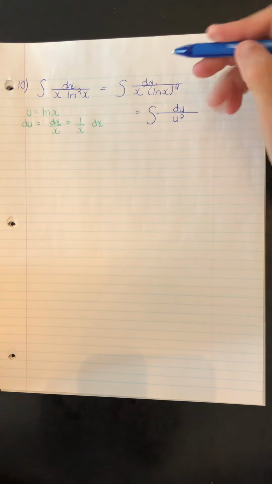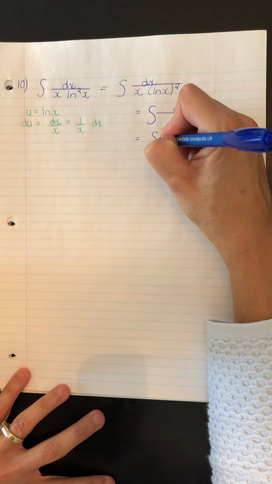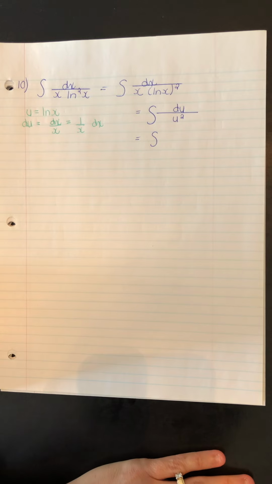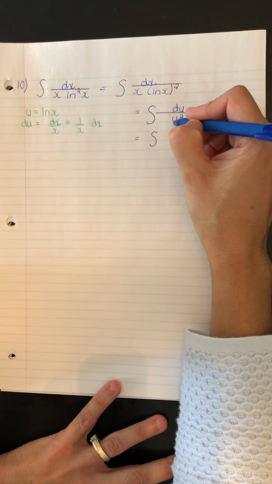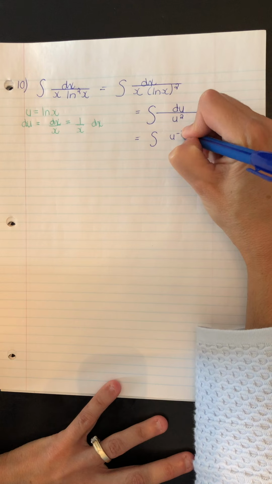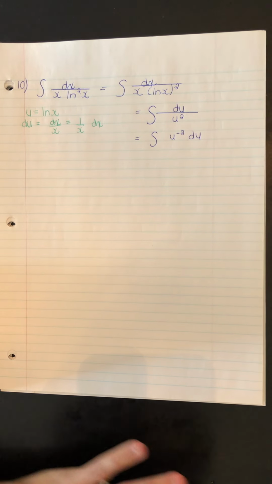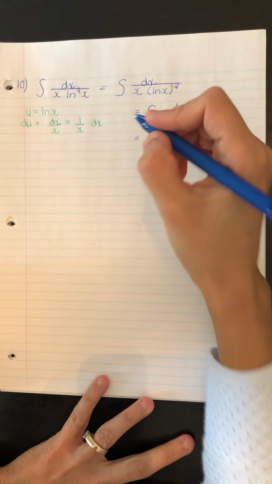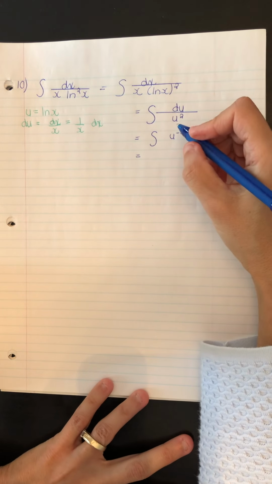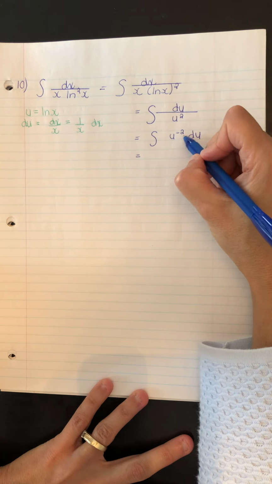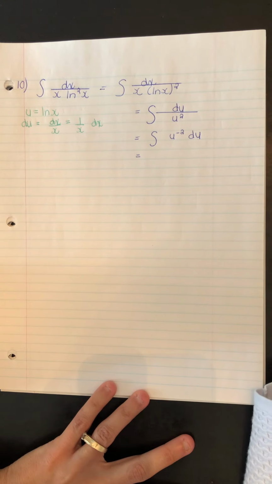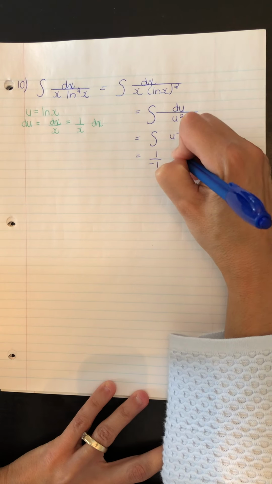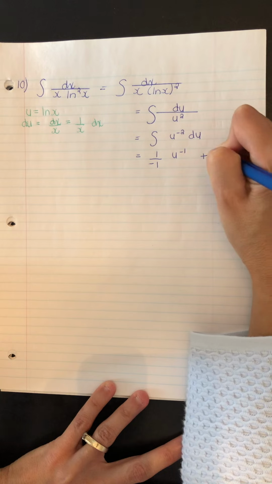Now, how do we integrate this? Well, as we saw in our last example, we are required to bring this up. And so now what we're going to integrate is u to the negative 2. So we treat n as negative 2, and we write 1 over negative 1 u to the negative 1 plus c.